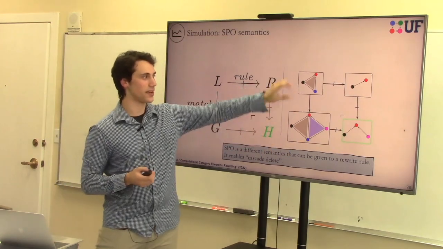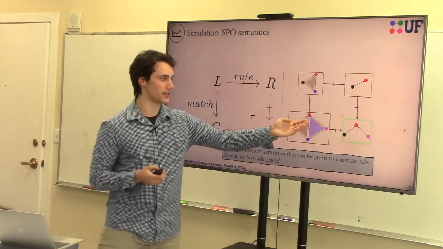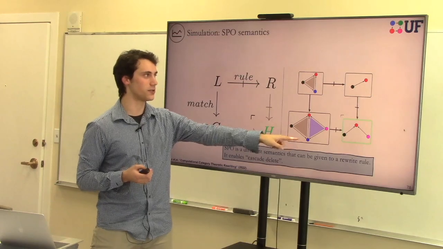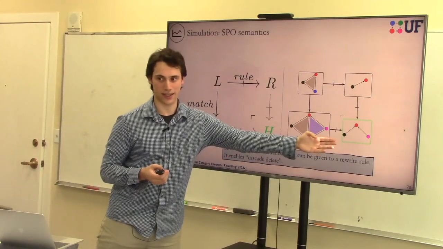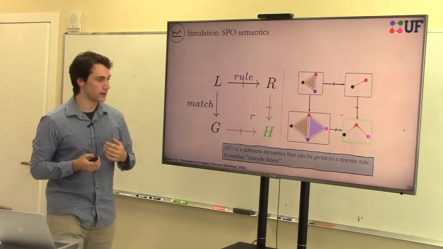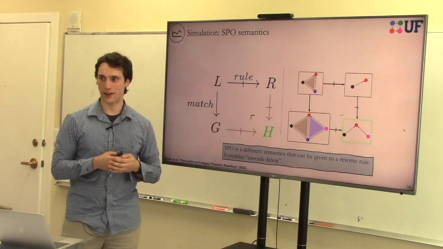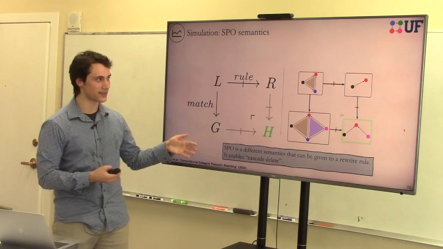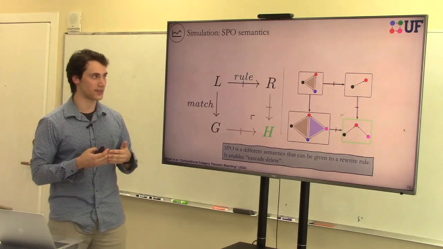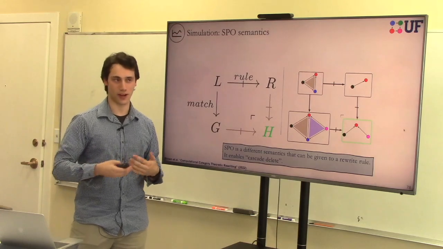Now my pattern makes no reference to this lavender triangle, but because that triangle is implicitly connected to that node that I just deleted, the lavender triangle also gets deleted. So this is an example of that generality where I can take the same rewrite rule and give it different semantics. There's even other semantics we can give, and we're at liberty to choose which semantics we want on the fly, essentially.